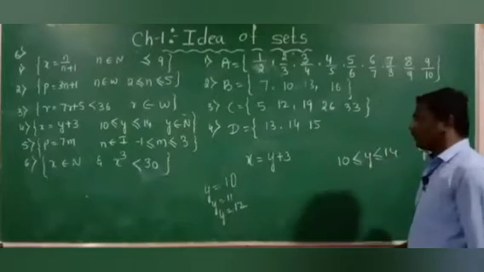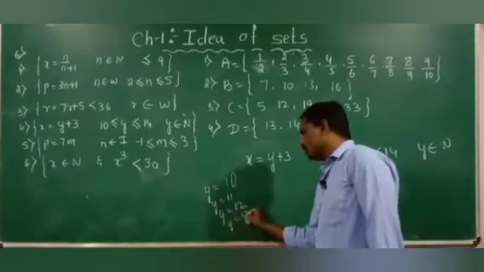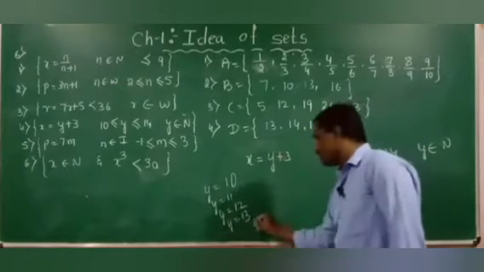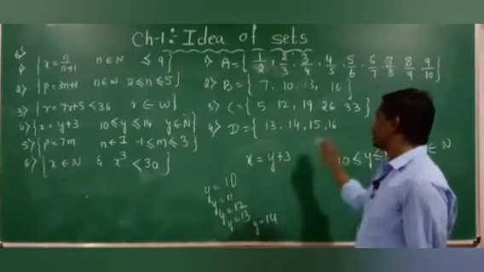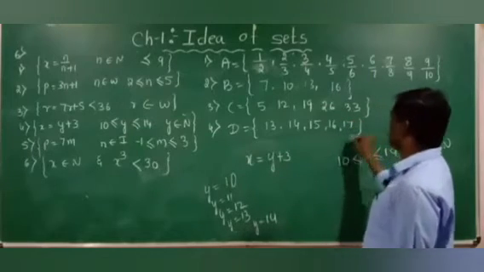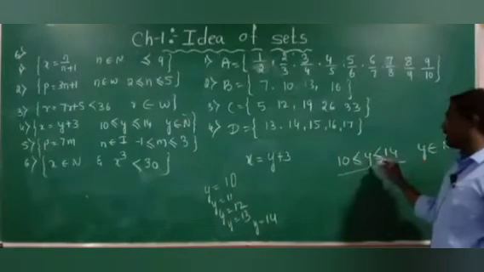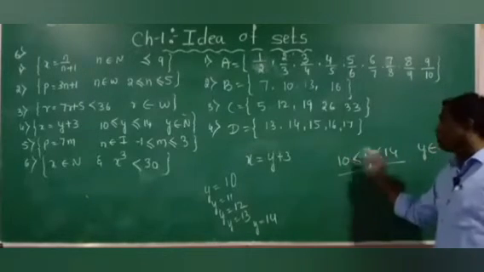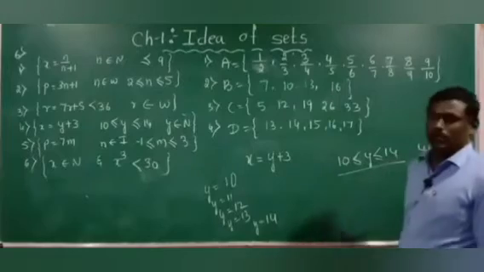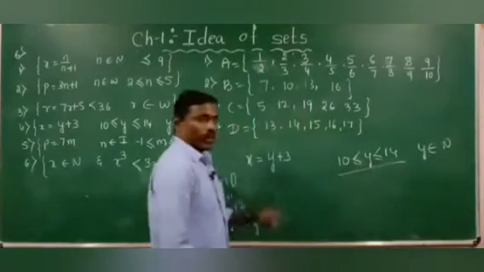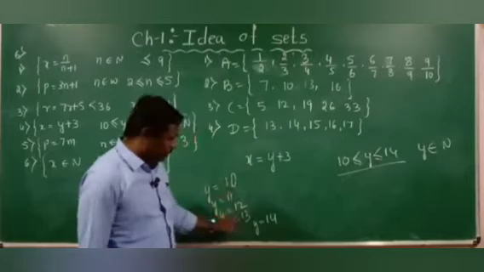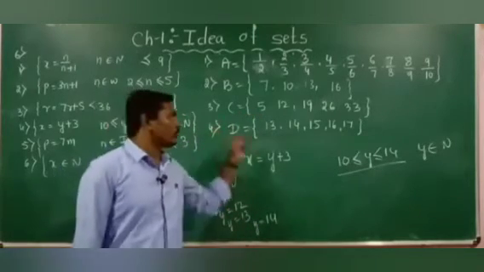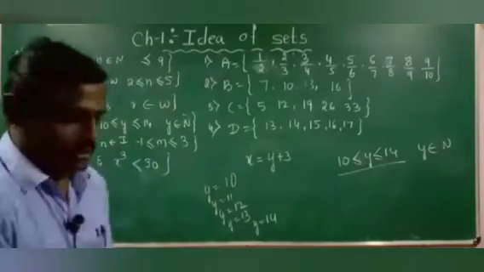Next, y is equal to 13, 13 plus 3 is 16. Next, y is equal to 14, 14 plus 3 is 17. So they gave one condition, that y is greater than or equal to 10 and less than or equal to 14. Here I am taking y values as 10, 11, 12, 13, 14 and we get the elements of set D. So these are the required elements of set D.